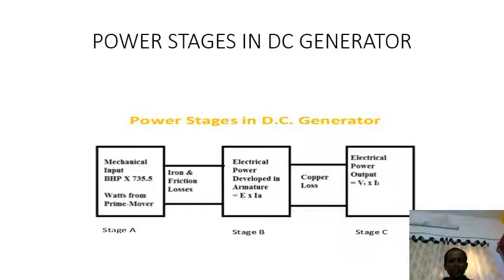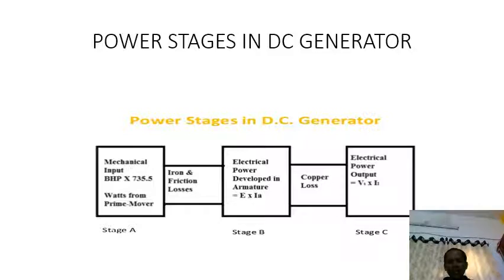Next, there are losses produced: on the mechanical input side there are some losses, and on the electrical output side there are some losses. What losses are developed on the input side? We are providing the mechanical energy for rotating the DC generator. The initial source or input of the DC generator produces iron losses, friction, and windage losses.